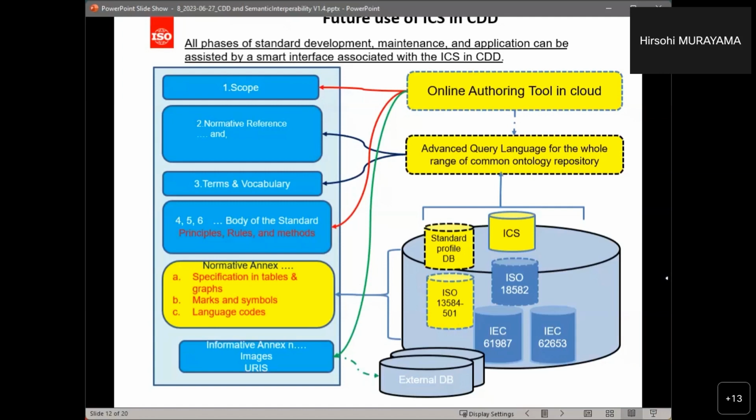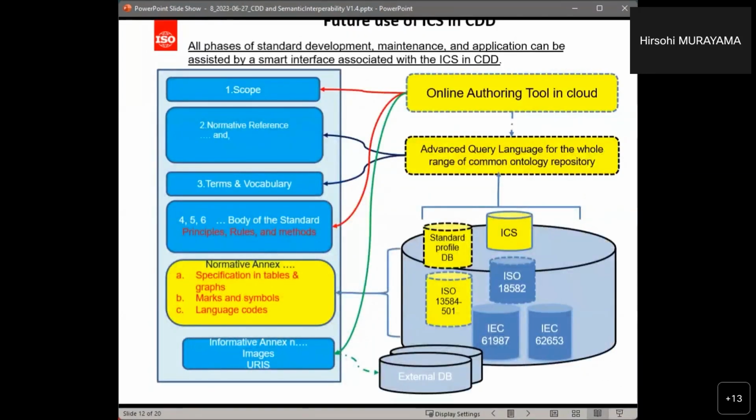If we add the standard profile database, then users can find the relevant standard through the ICS number. It will add some advantage to the ICS. Okay, next slide, please.